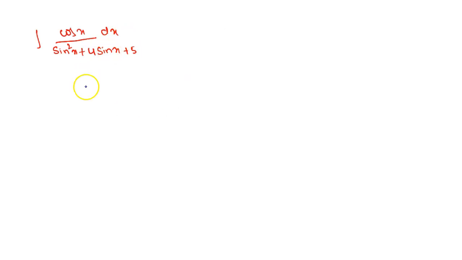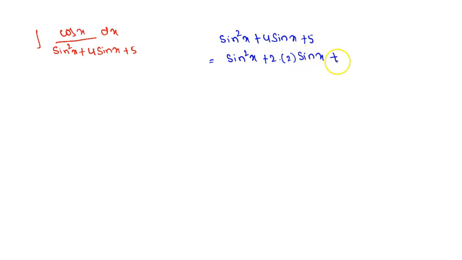So here first I am taking the denominator part, sin square x plus 4 sin x plus 5. So this is equal to, I am splitting like this, sin square x plus 2 into 2 sin x plus 4 plus 1.